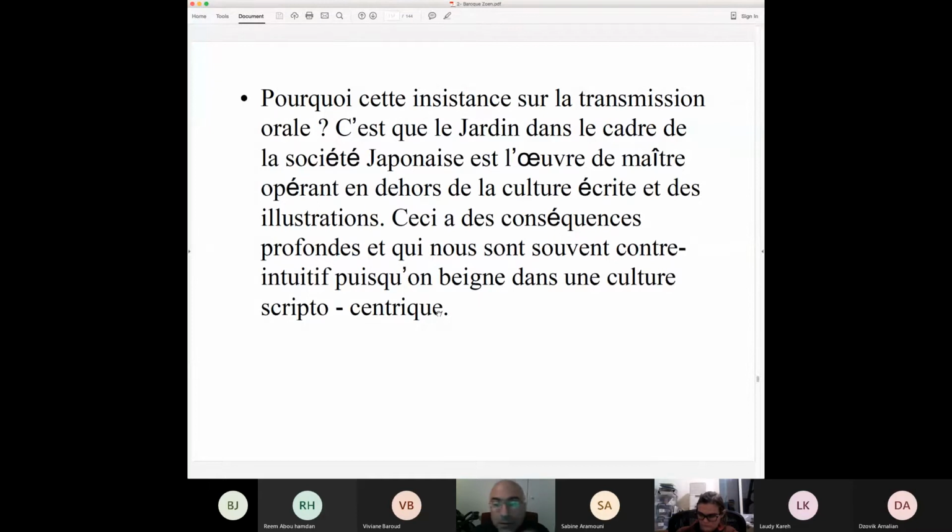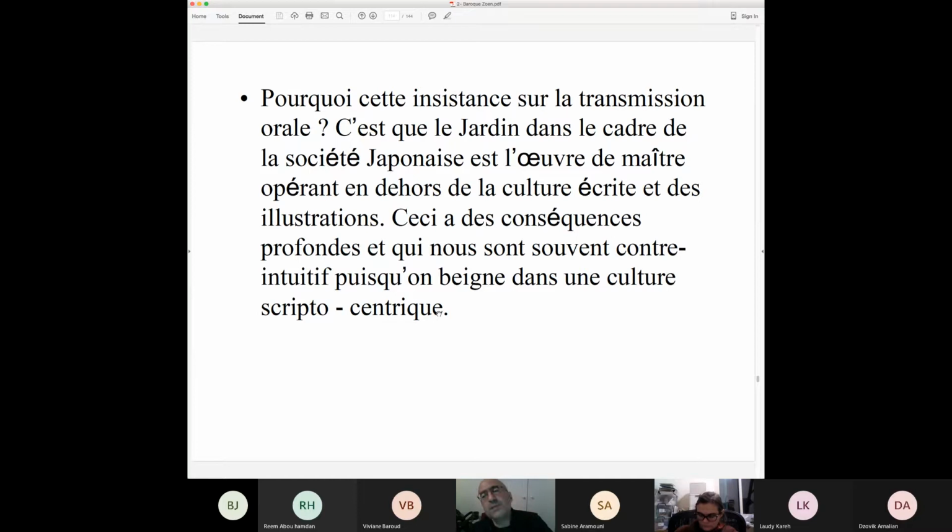And for us, people who are living in a scriptocentric universe, where the written word is considered to be the most important, orality is considered to be something transitory, something that changes too much, that's false, by the way. We view the written word as being much more important than oral transmission.